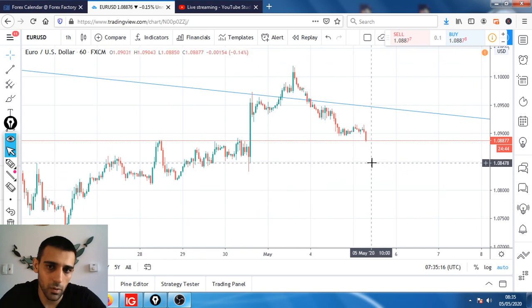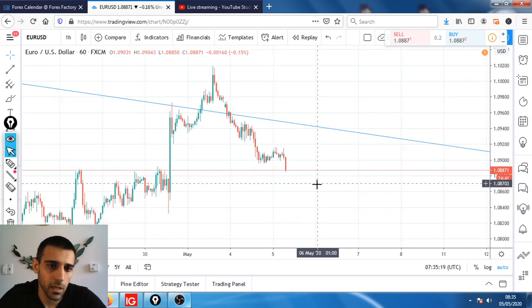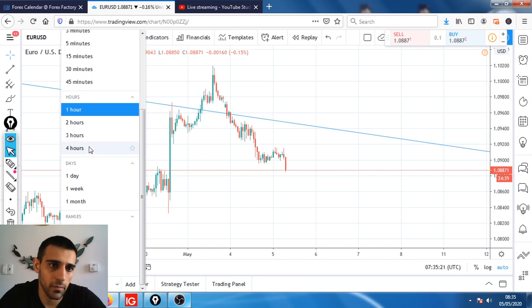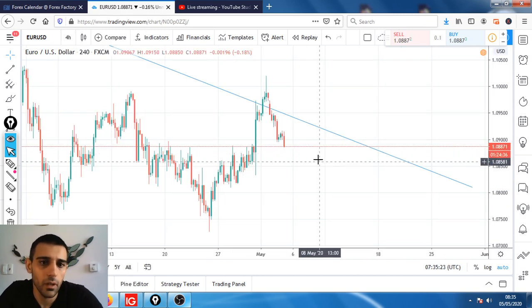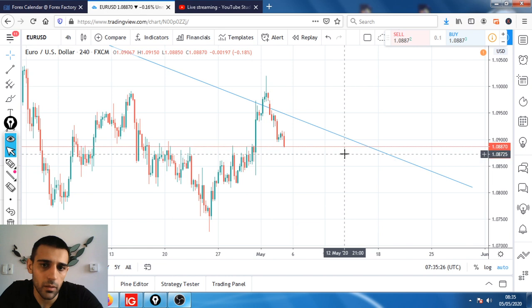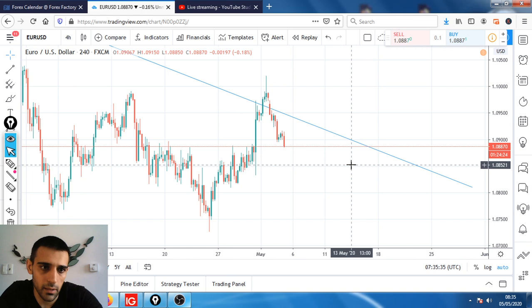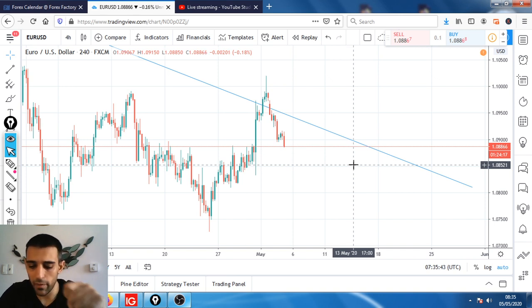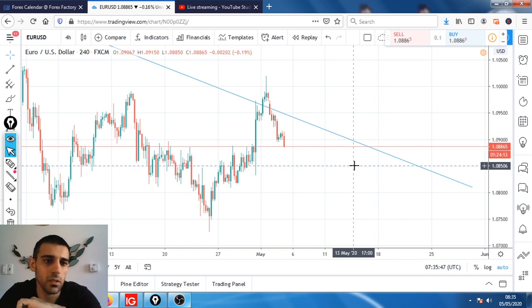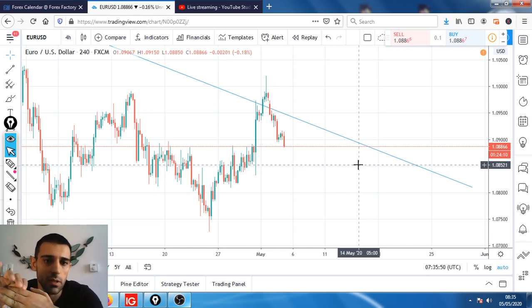If we go in at 10900, let's go to the 4-hour time frame to see our targets. We can go down to this level here, roughly about 10855.